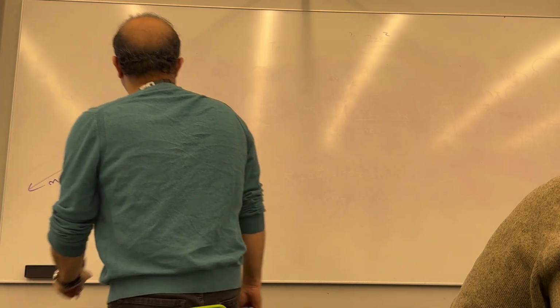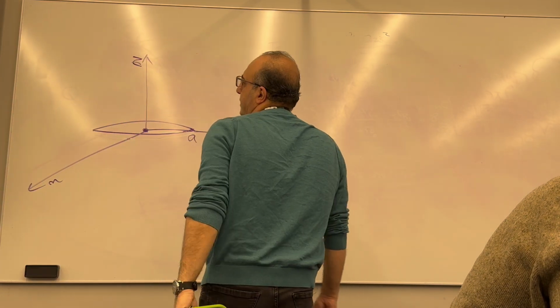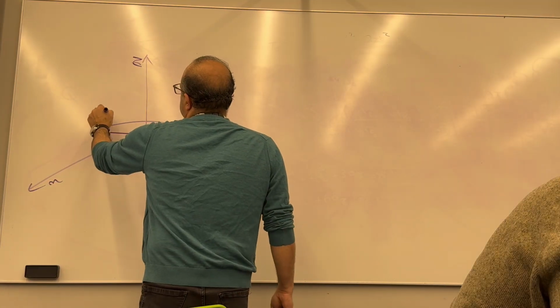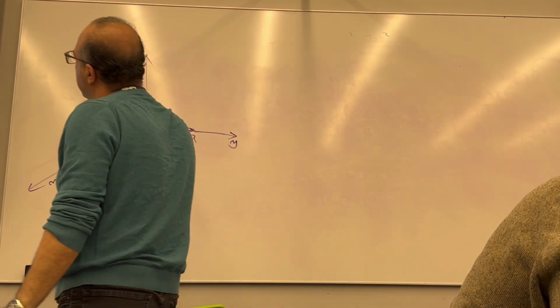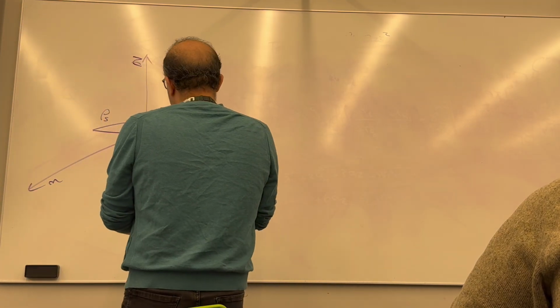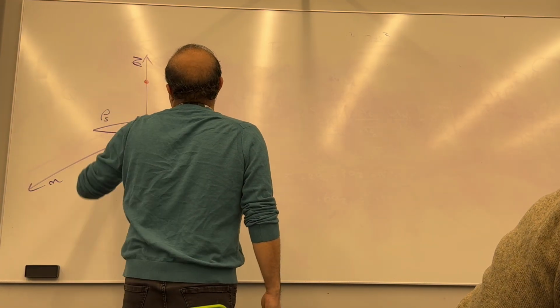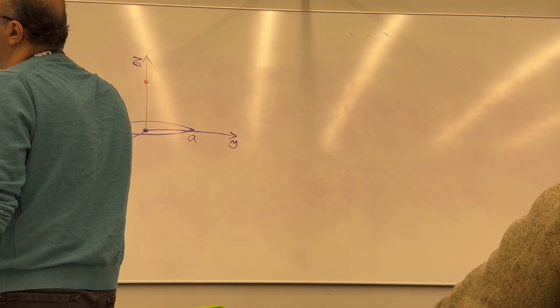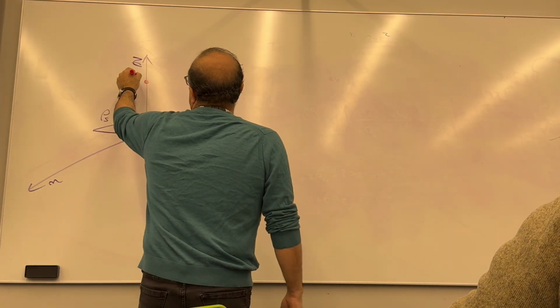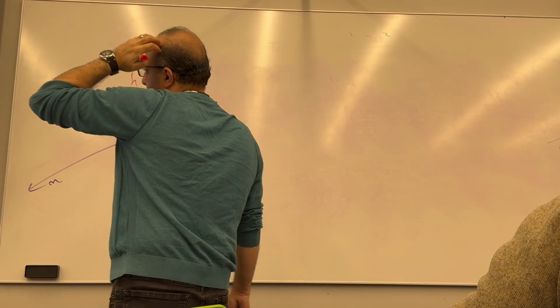Radius of A, here is A. It's uniformly charged with rho S. Find the electric field at this location. It is at H.